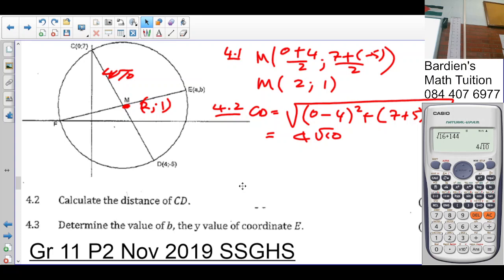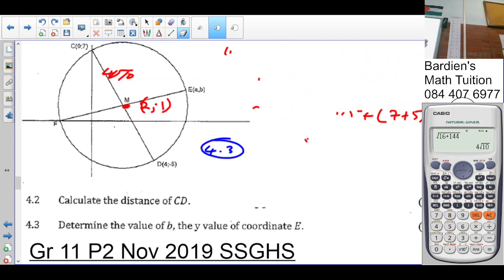I think I would have to calculate A, but why is it 2 moles? Let's work it out and see, and then maybe there's an easier way. For 2 moles, okay. So determine B, the y value of the coordinates of E.